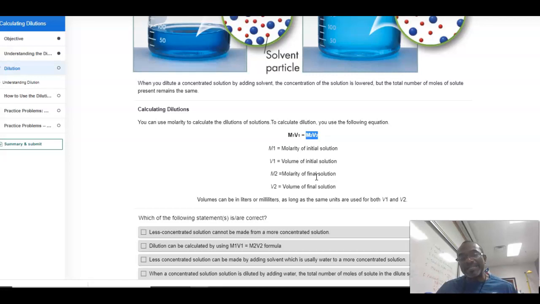But if V1 is in liters and V2 is in milliliters, and you want to use liters, that means you have to convert V2 to liters by dividing by 1000. Okay, so that is the main difference between the dilution equation and the molarity equation.